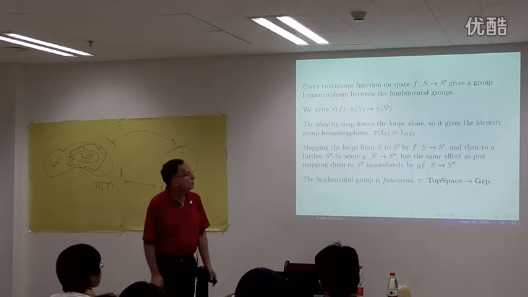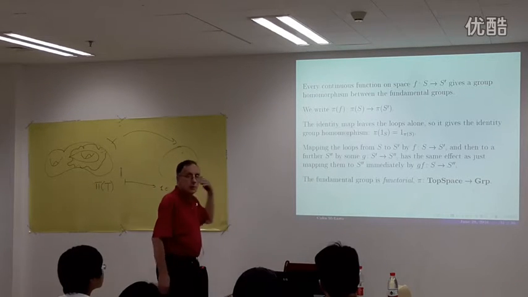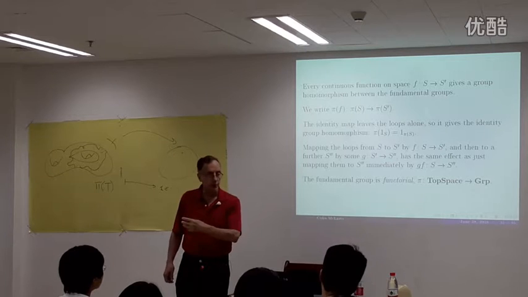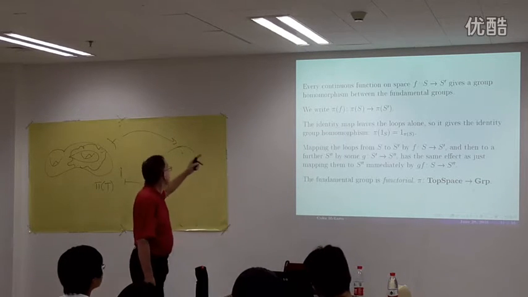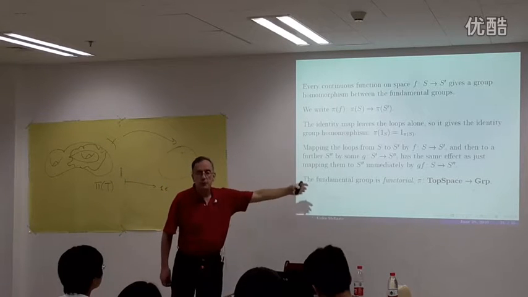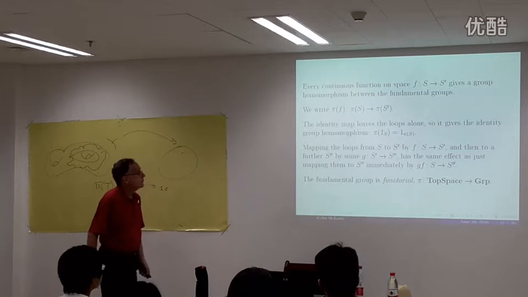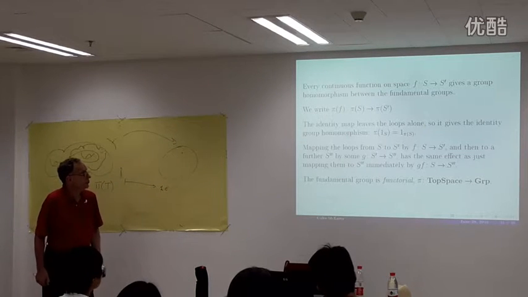The construction of the free group on an alphabet induces a functor from sets to groups. The construction of a fundamental group on spaces induces a functor from topological spaces to groups. It's just natural. It's what should be the case.